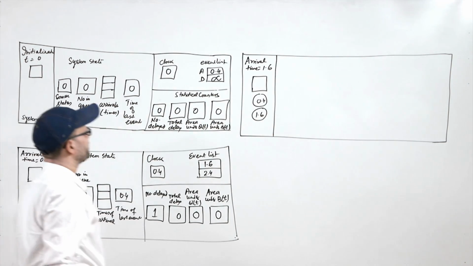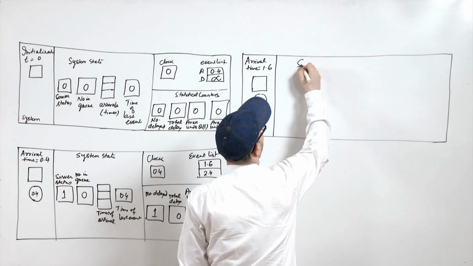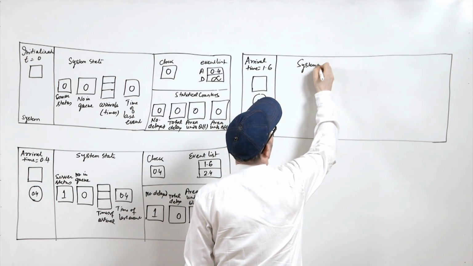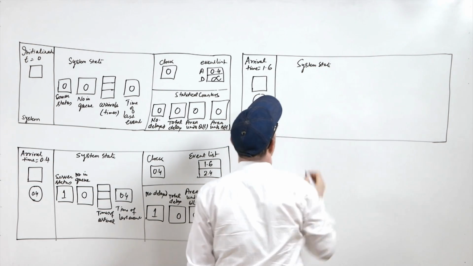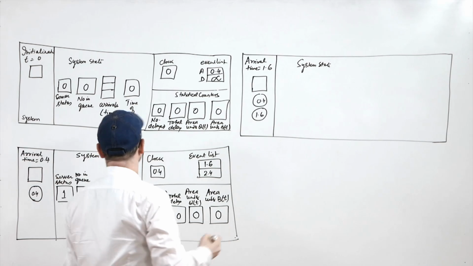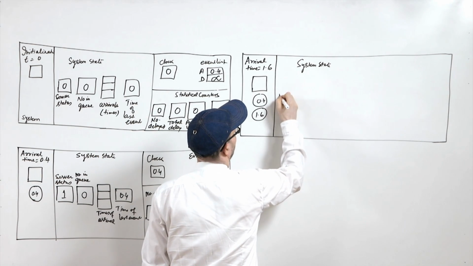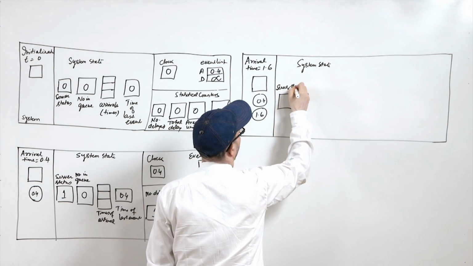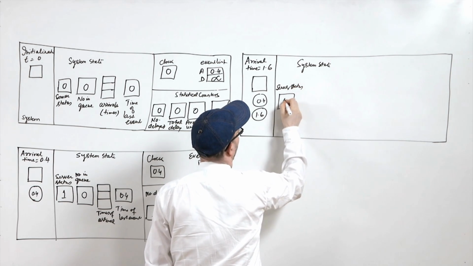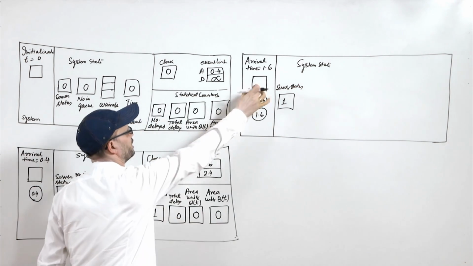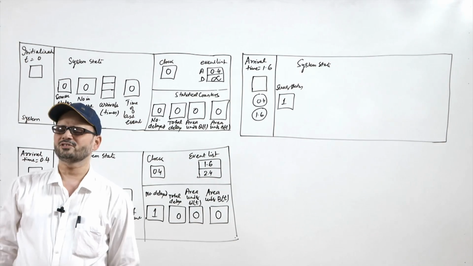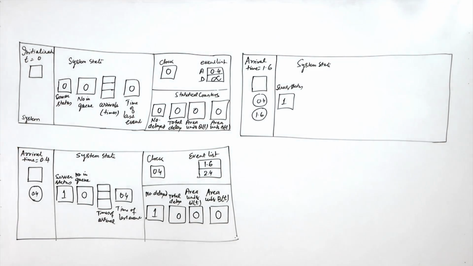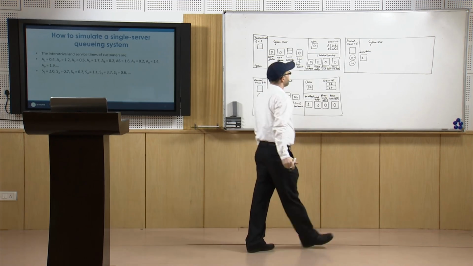The system state updation will be done. In the system state, the server status will be 1, because in front of the server you have customers, so the server is busy anyway.